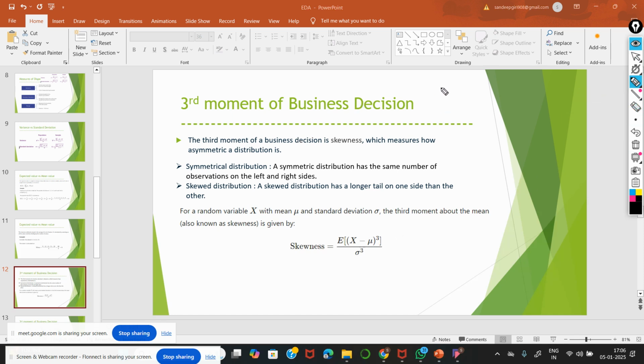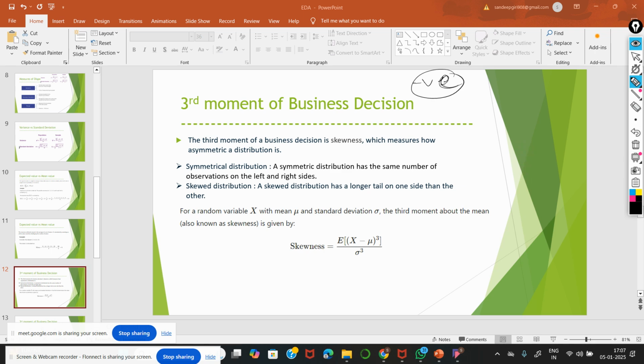Now, see, the second moment of business decision told you about the measure of dispersion, how much the data is going to vary. If standard deviation is less... Okay, can anyone tell me, can standard deviation be negative? Just go to that formula, analyze it and tell me.